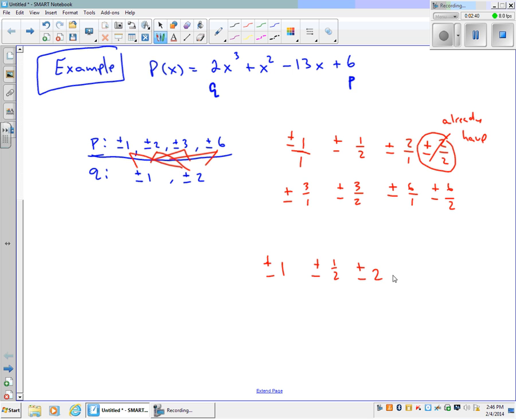Positive and negative 3. Positive and negative 3 over 2. Go over to the 6, positive and negative 6. And then positive and negative 6 over 2. 6 divided by 2 is 3, and we already have that. So we can cancel that out because we already have this.